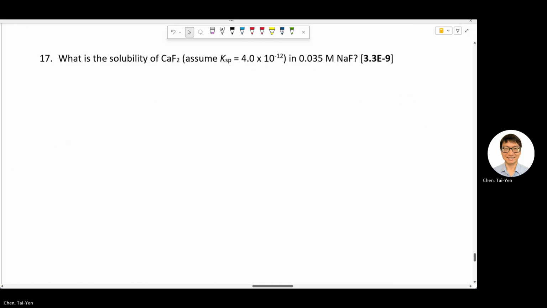Okay, 17. What is the solubility of CaF2, whose KSP is 4 times 10 to the negative 12, in 0.35 m NaF? Okay, so again, the keyword is solubility, right? Who is your insoluble salt? CaF2, right? What's the other guy? The NaF is the soluble salt, right?